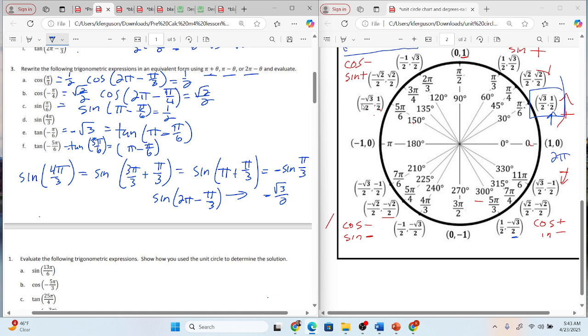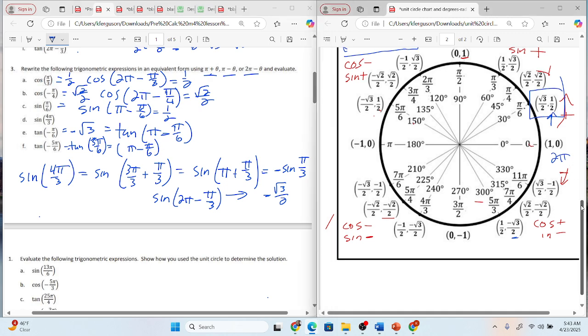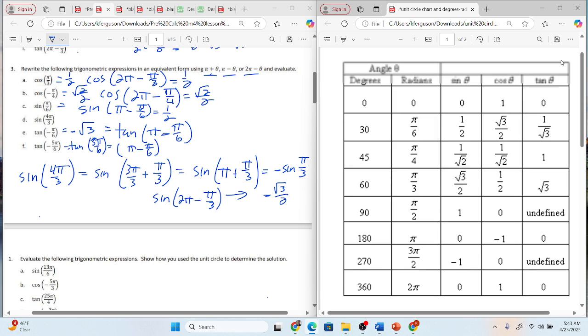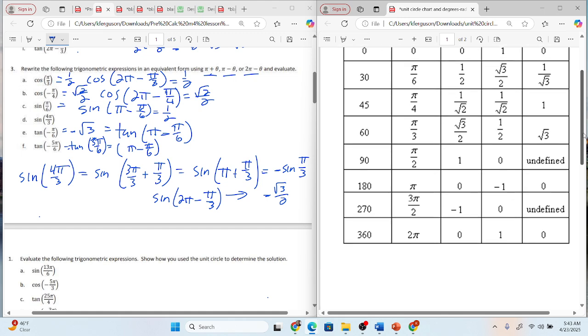And so if one is positive, one is negative, that's a negative. The negatives are going to cancel each other out and you're going to get a positive value, right? So what is pi over 6? Pi over 6 is 1 over the square root of 3, which is the square root of 3 over 3.